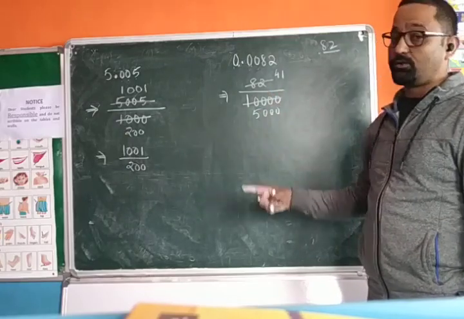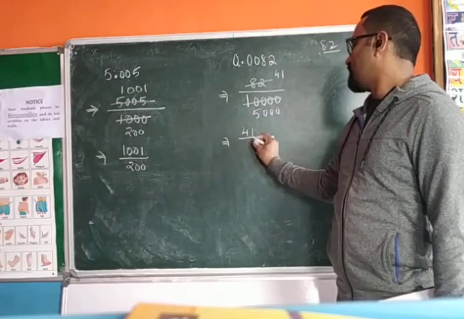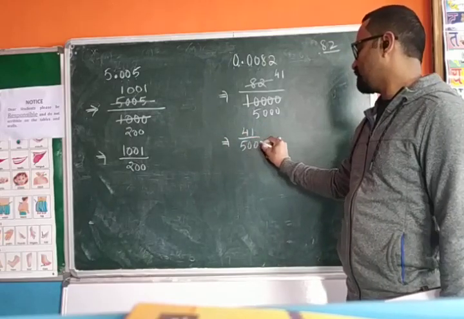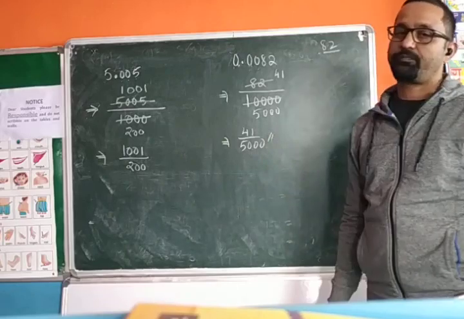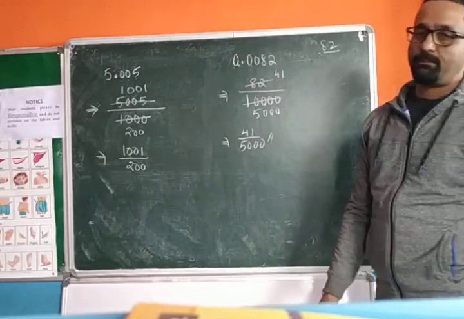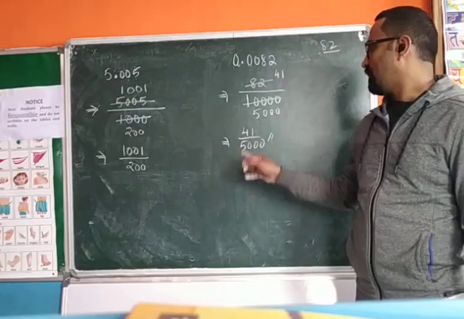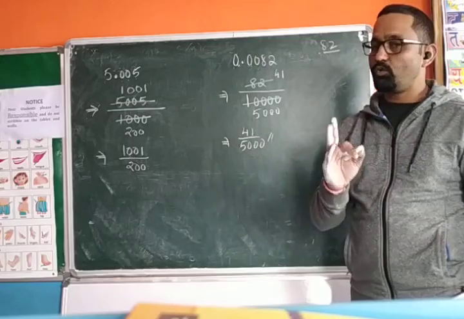Both are divisible by 2, so you cancel it by 2. You get 41 divided by 5,000, reduced form. This is the simple way to convert a decimal fraction into a fraction and change it to the lowest value.